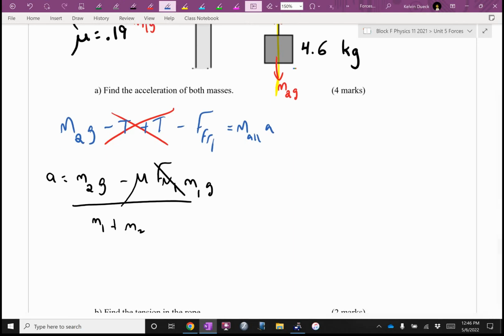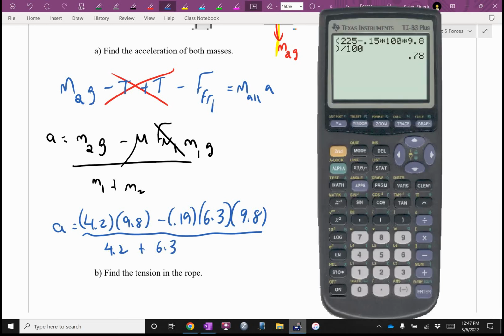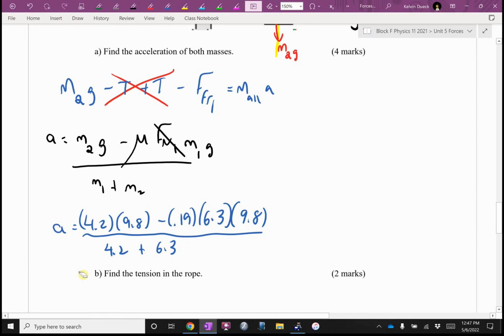Now what? Plug in the numbers. A equals 4.2 times 9.8 minus 0.19 times 6.3 times 9.8 all over 4.2 plus 6.3 or 6.3 plus 4.2. Bracket 4.2 times 4.6? Yeah. Oh, I read that wrong.